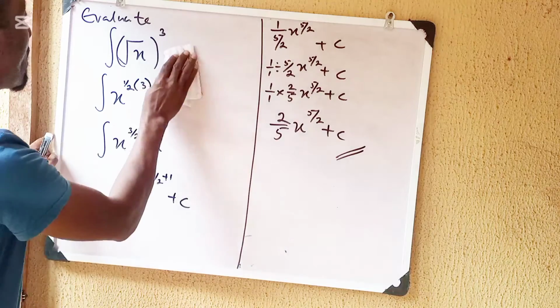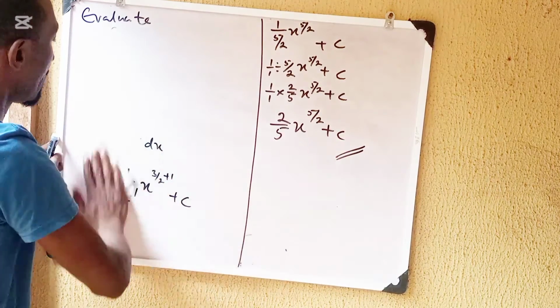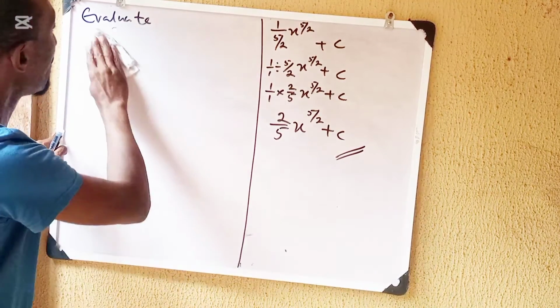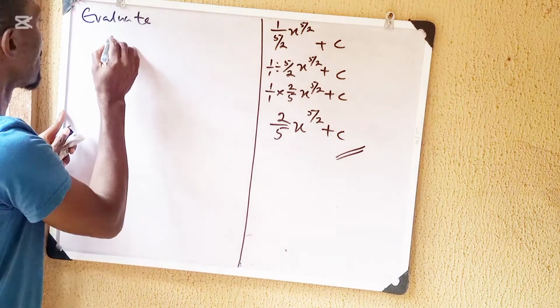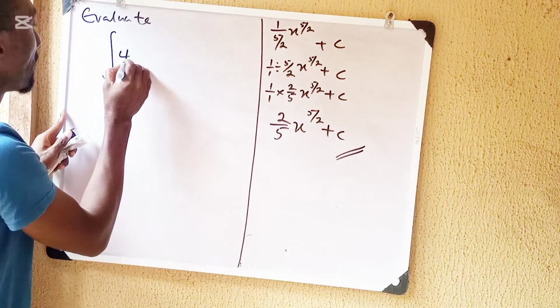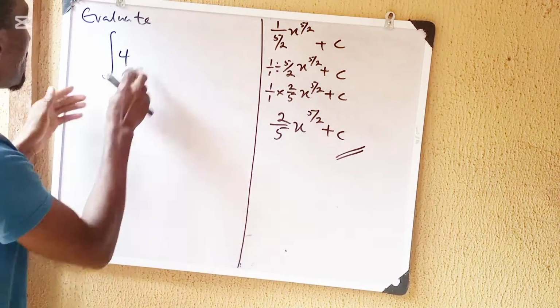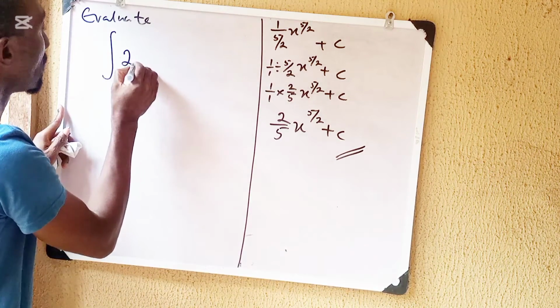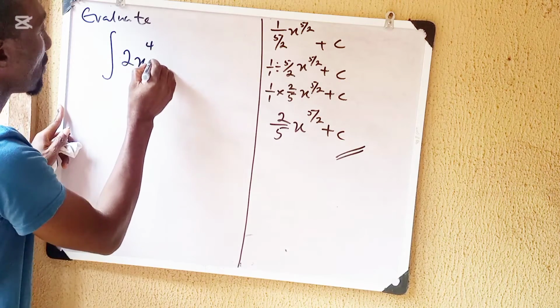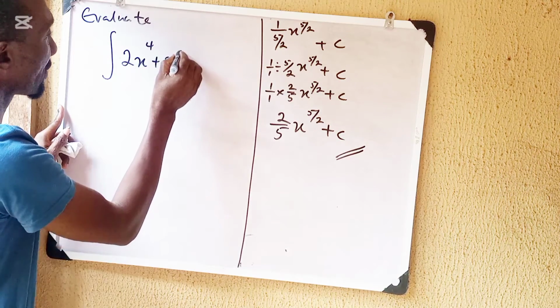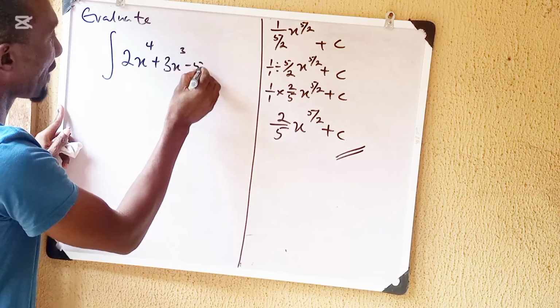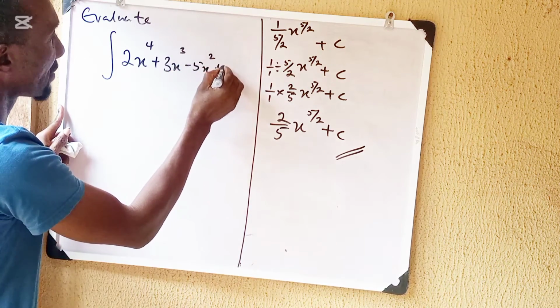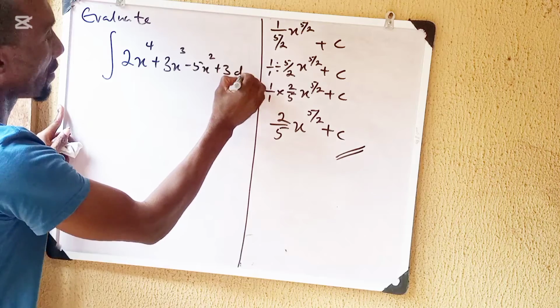Let's take one more, which again I can say integrate, or let's use another number. They're told integrate 2x to the power of 4 plus 3x cubed minus 5x squared plus 3 dx.